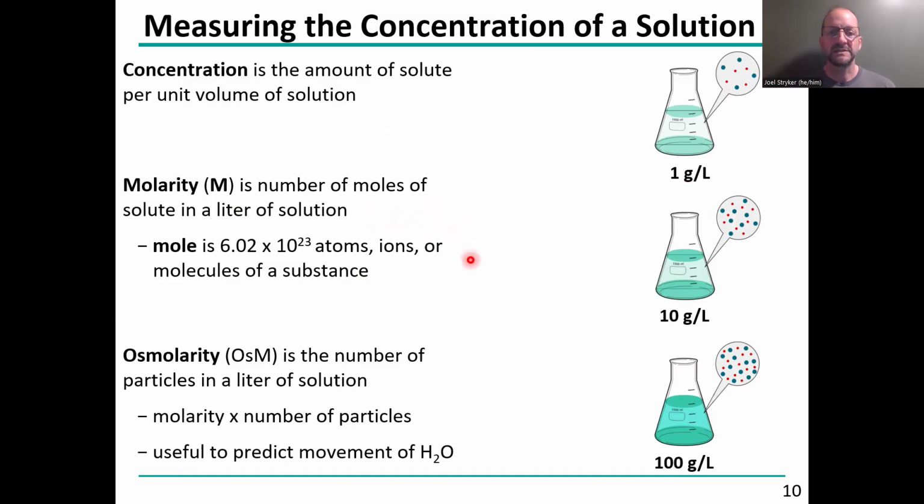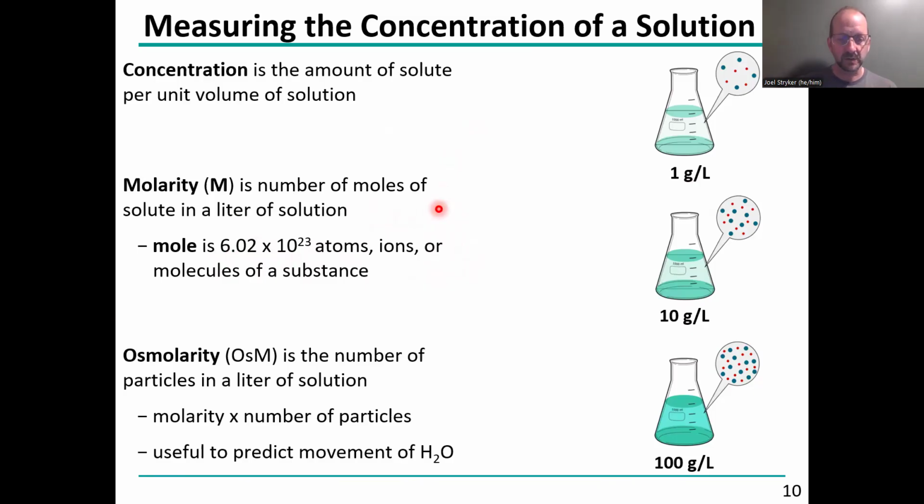So a mole, I know that the definition officially is 6.02 times 10 to the 23rd. That's not very useful. A mole is also defined as the weight of something in grams when compared to the actual atomic weight.